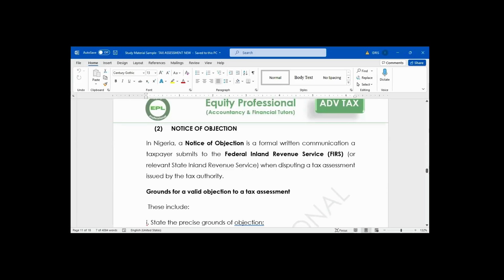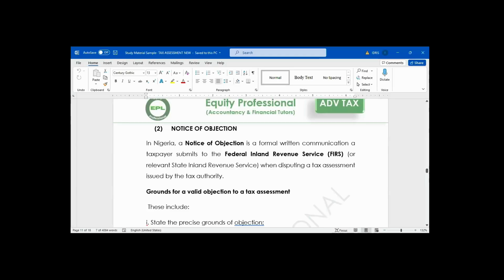Notice of objection. When a taxpayer disagrees with the notice of assessment, taxpayer will write a letter to the tax authority. That letter written by the taxpayer to the tax authority, that letter is called notice of what? Objection.